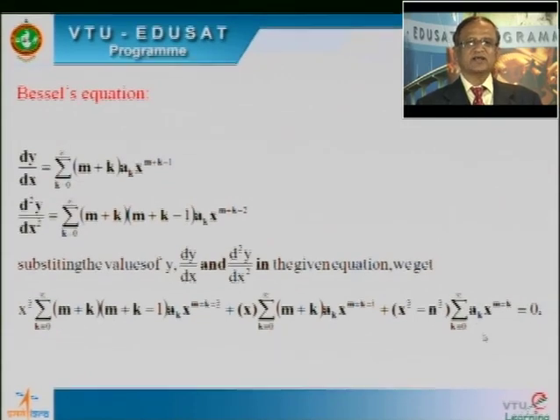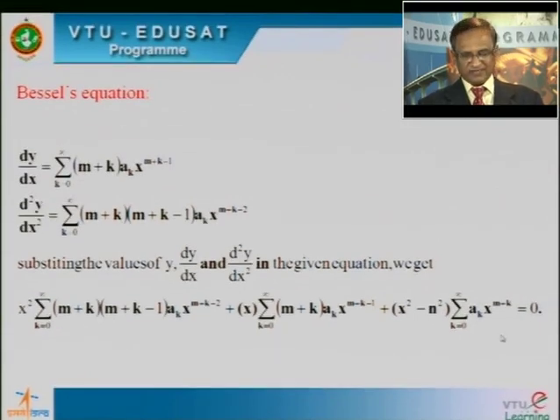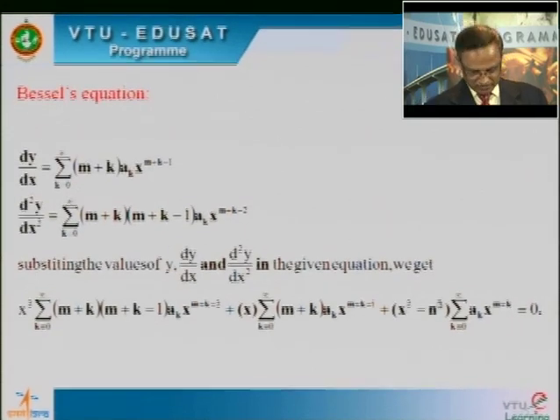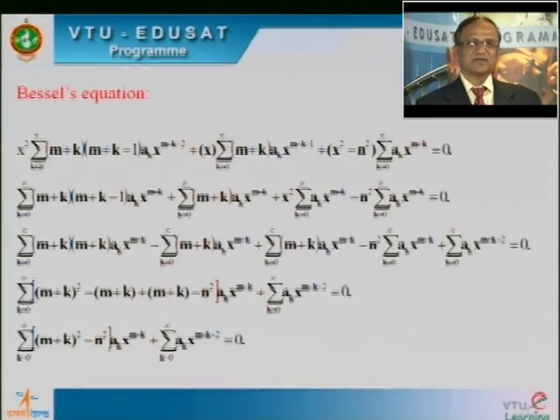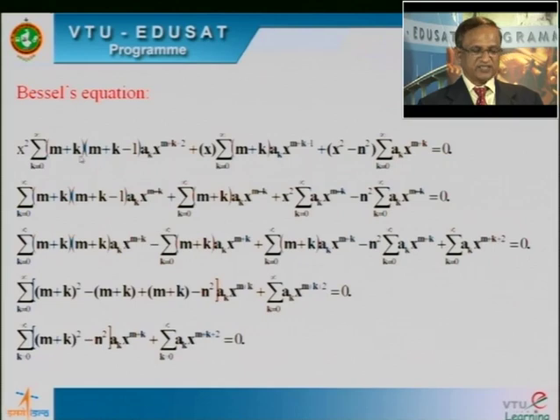What is the value of y? Summation of ak x to the power m plus k is equal to 0. So simply I have replaced the values in x square d square y upon dx square plus x dy by dx plus x square minus n square into y equal to 0.